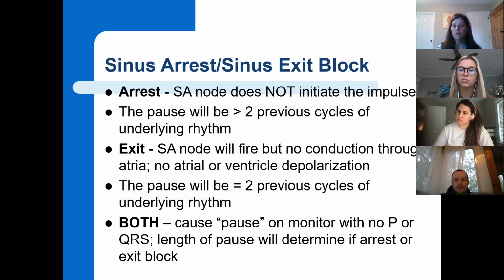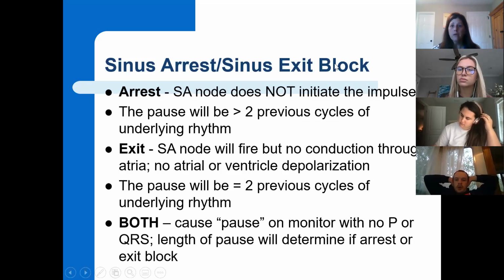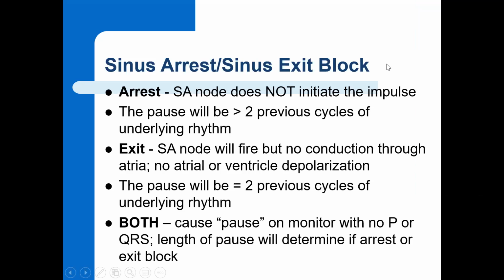The difference is that the arrest is measured greater than 2 of the previous cycles of the underlying rhythm, and the exit is going to be equal to 2 previous cycles of the underlying rhythm. But with both, you're going to see that pause on the monitor, with no P, no QRS. And again, the difference is going to be the length of time that it occurs, and it's going to tell you whether it's an arrest or an exit.